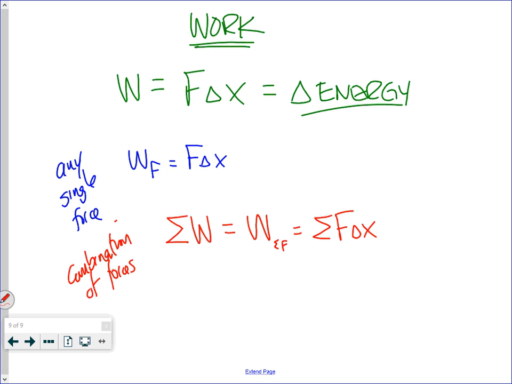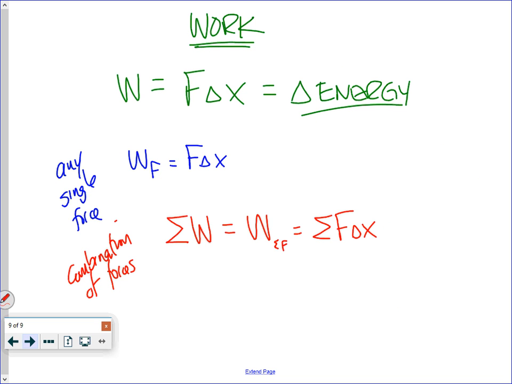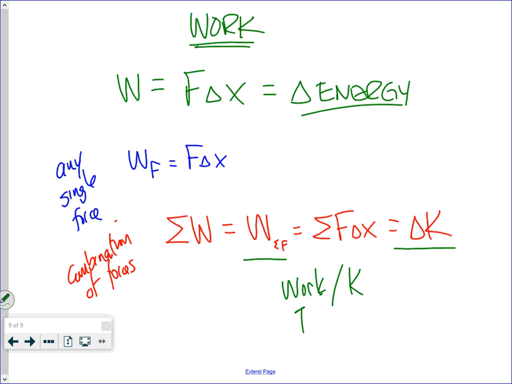And what we just saw from that is the net work is equivalent to the change in kinetic energy. This is called the work kinetic energy theorem.